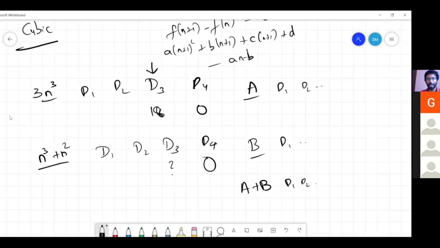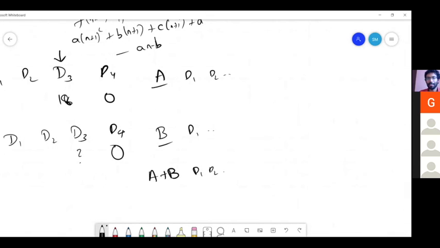Suppose a reaches 0 at d10 with d9 some constant, and b reaches 0 at d5 with d4 some constant k2. Now suppose I take a plus b. Can you characterize how the stages will evolve for a plus b?